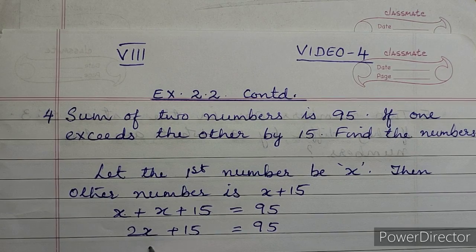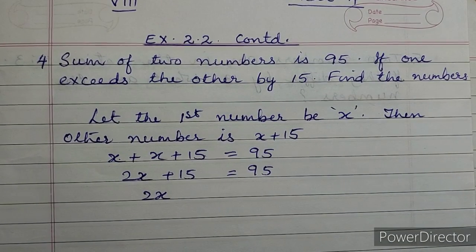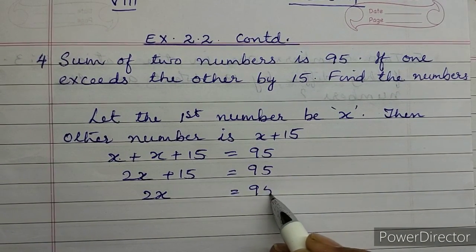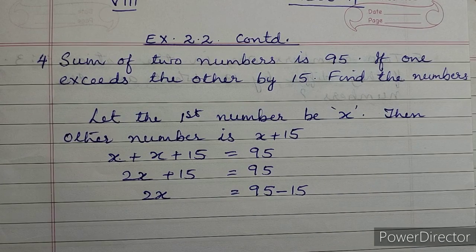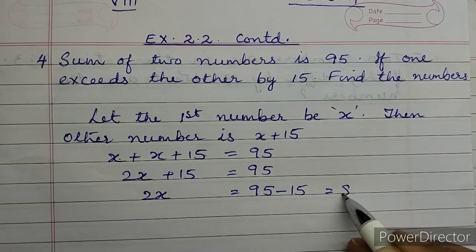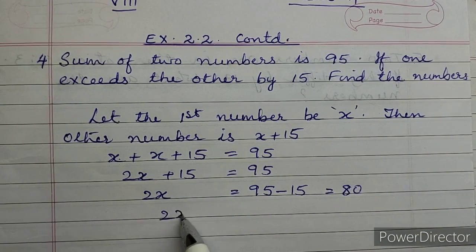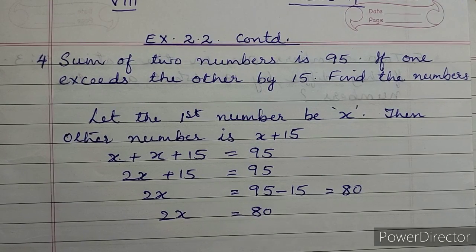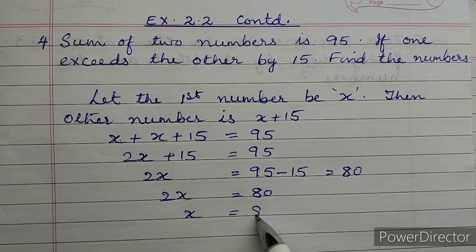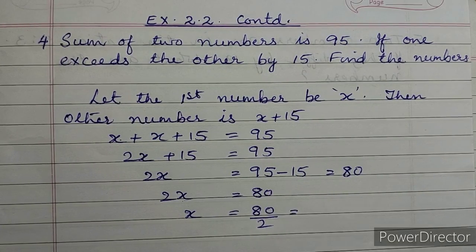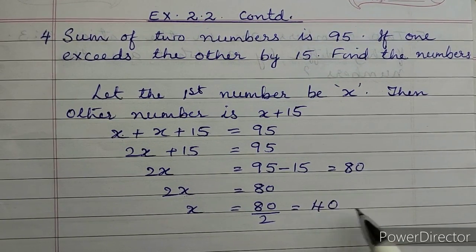Now 2x alone you have to keep here, so transpose the 15. So 2x is equal to 95 minus 15. How much is 95 minus 15? It is 80. So 2x is equal to 80. Now x alone you have to find. x is equal to 80 divided by 2, that is equal to 40.